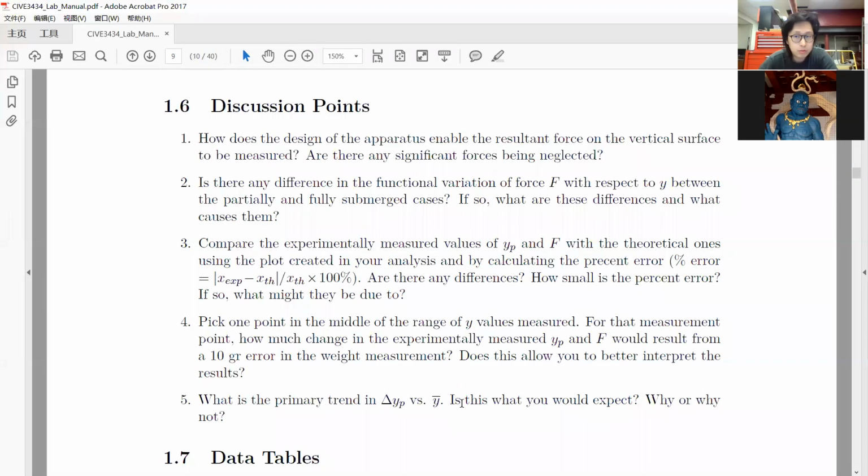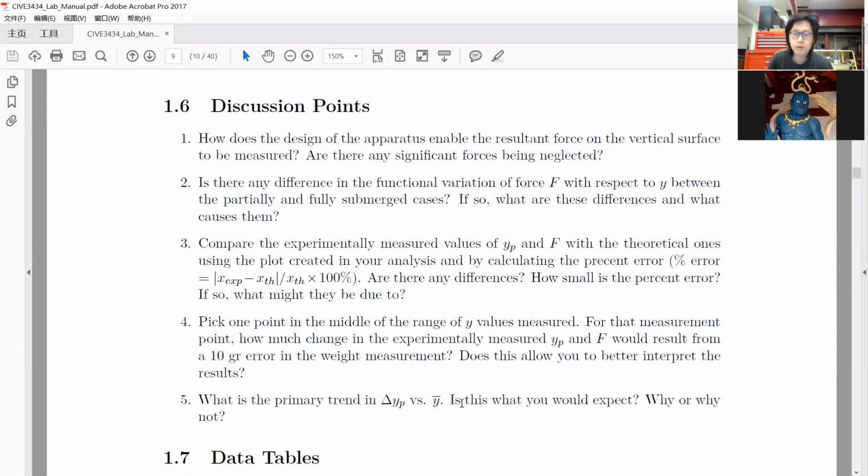If you have any questions regarding the discussion points and the data analysis, you can let me know. My office hour is Monday, Wednesday, 1 to 3 p.m. You can join the same room, or just shoot me an email. I will answer all the questions you have regarding the lab and also the homework.